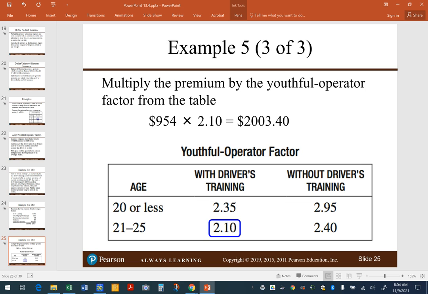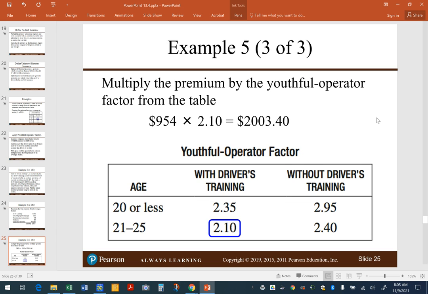But she is only age 22. So at the bottom here, you see the youthful operator factor table. If you are under age 20 and you took driver's ed, then you have to multiply the cost of your insurance, that $954 that we just calculated, by 2.35. So almost 2.5 times what it would cost somebody over age 25.